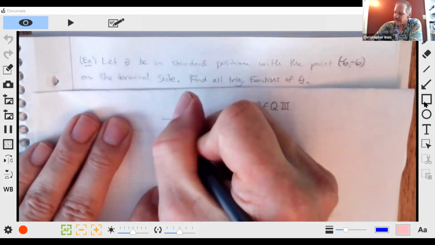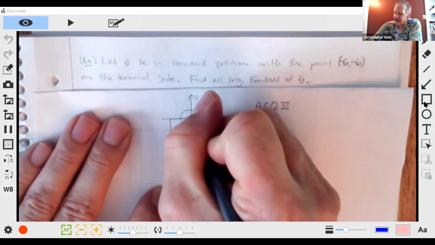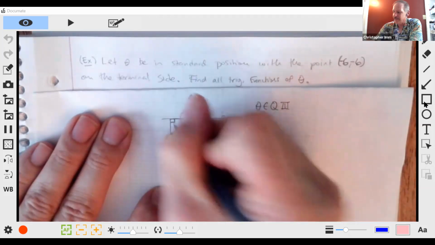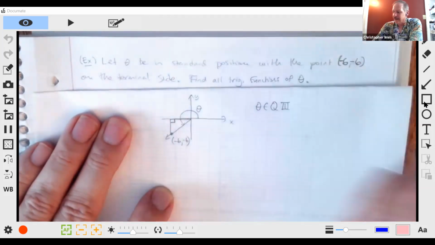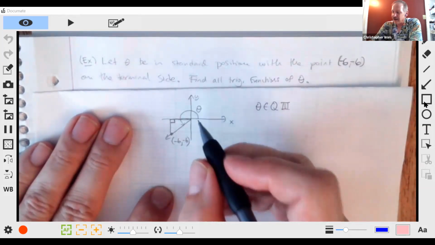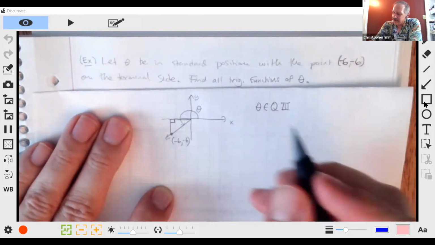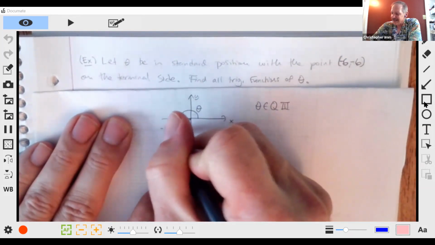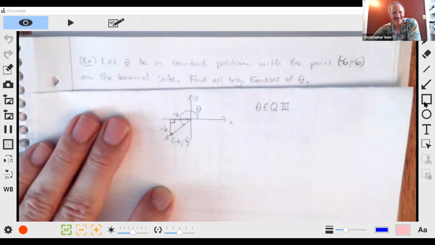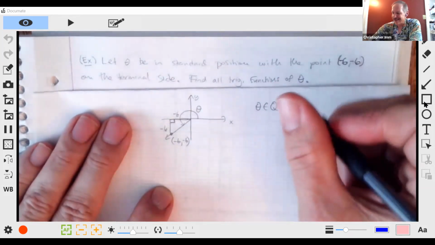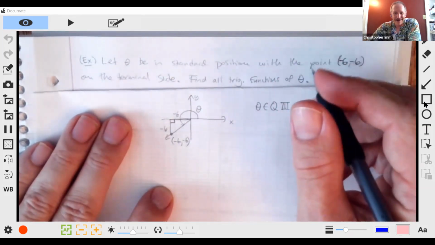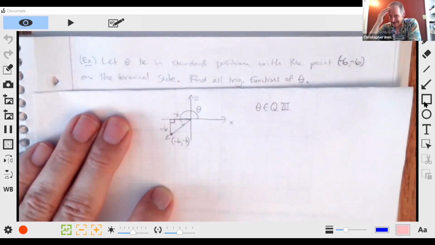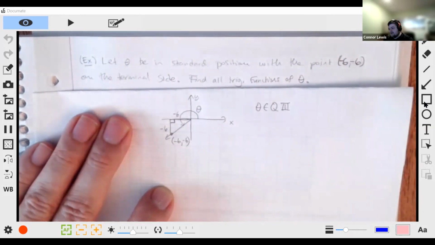We want to find all 6 trig functions of this angle here. So if this is -6 and -6, we probably know the hypotenuse. Anybody want to venture? We could use the Pythagorean theorem, but we might know, since those sides are the same and it's a right triangle, 6 square root 2.